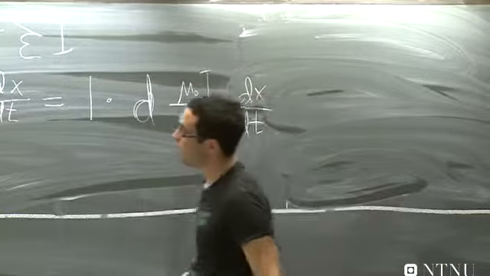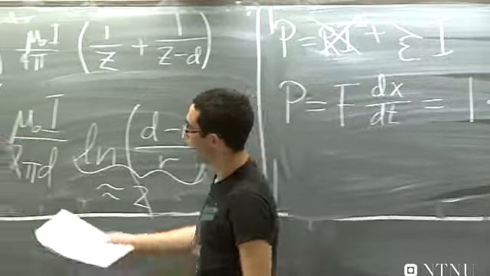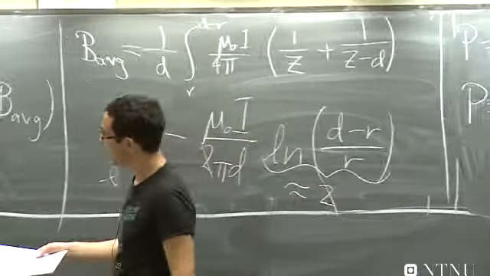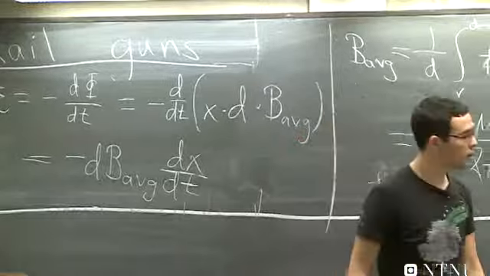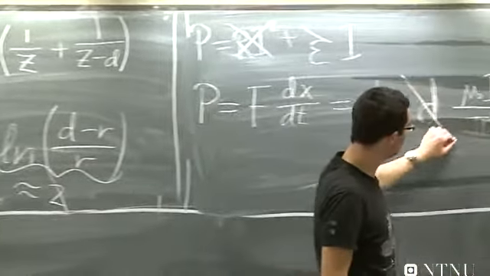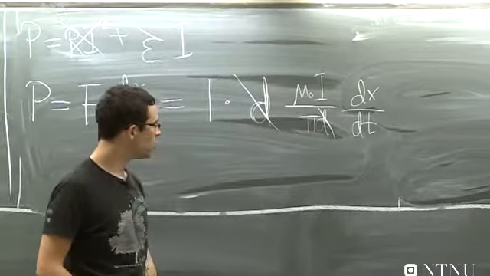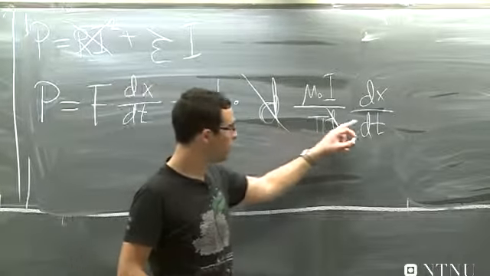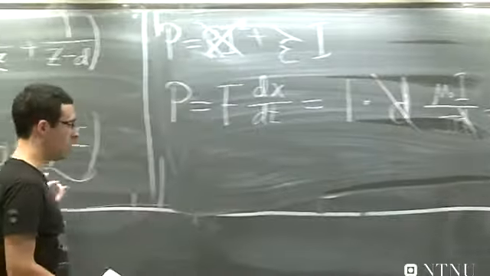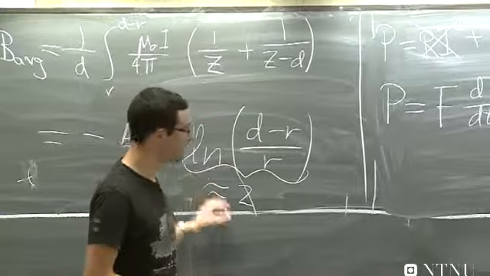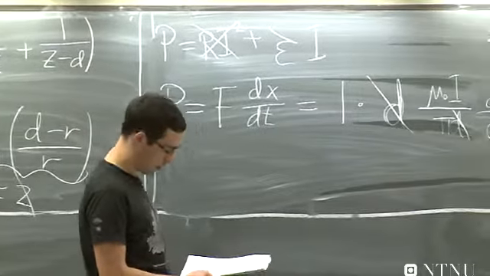There's 1 over I in the B average here, but there's a d here. So these will cancel. And there was a factor 2 here, but there was also a factor 2 from the logarithm. So those cancel. And that's pretty much it.